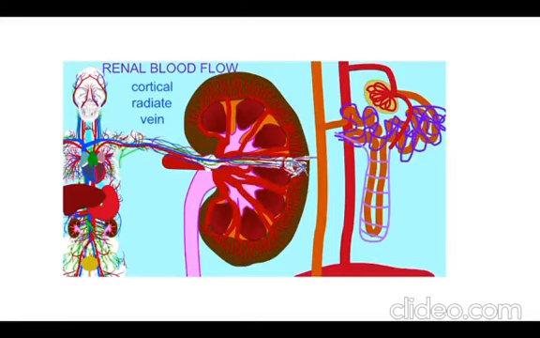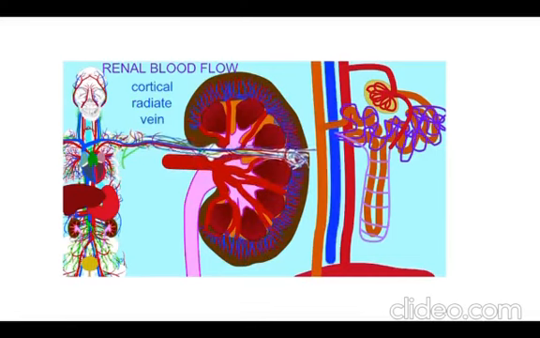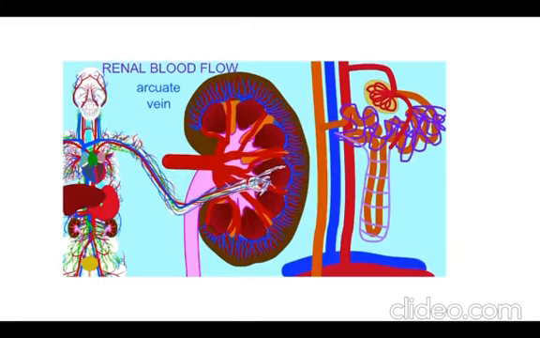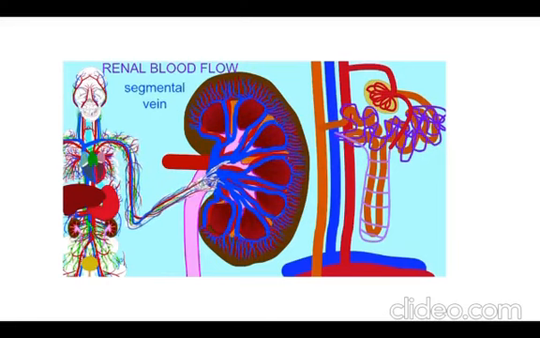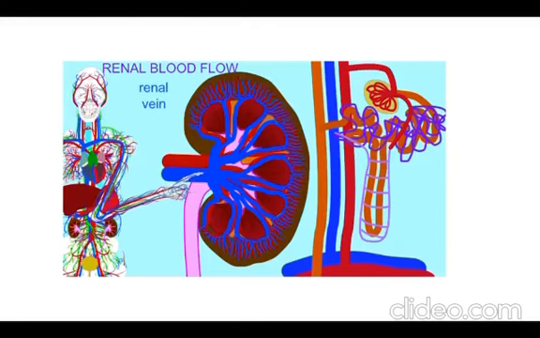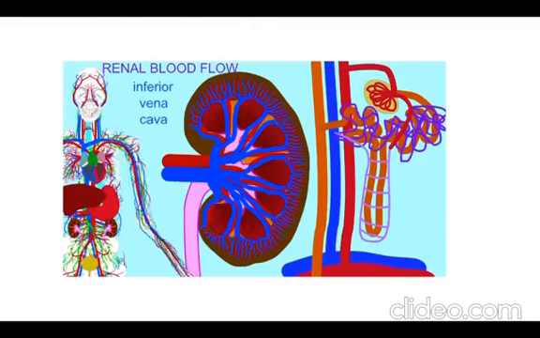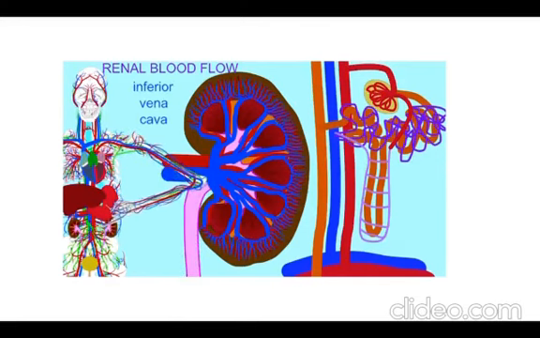These capillaries then drain into cortical radiate veins, which drain into arcuate veins, which drain into interlobar veins, which drain into segmental veins, which drain into the renal vein, which departs the kidney and brings the deoxygenated blood to the inferior vena cava.